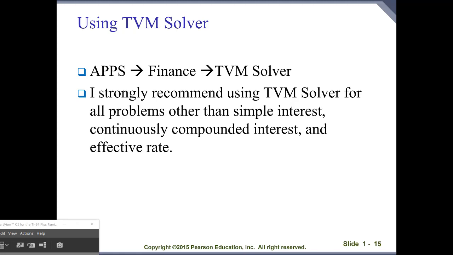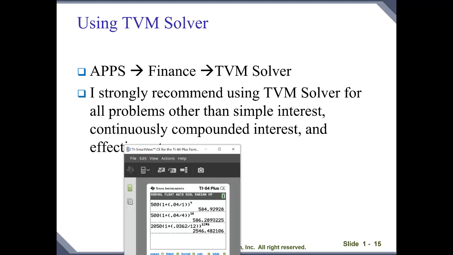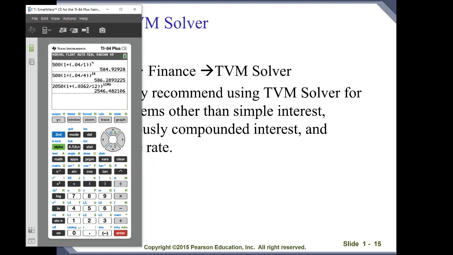For the things we're going to do in the second part of this chapter, when we're talking about mortgages, retirement accounts, and annuities, it's going to become a lot more useful to use TVM Solver because the formulas get much more intricate. But for compound interest, it's helpful, but certainly not required.